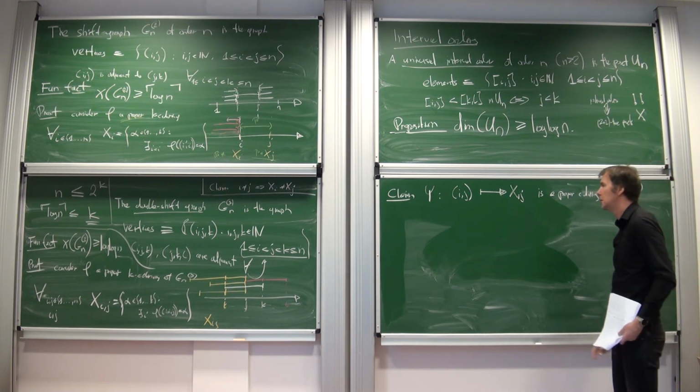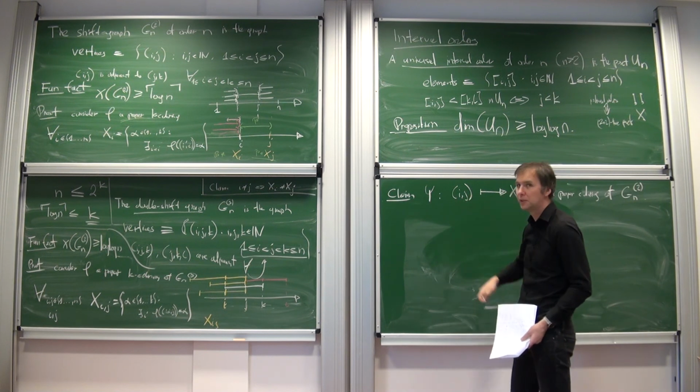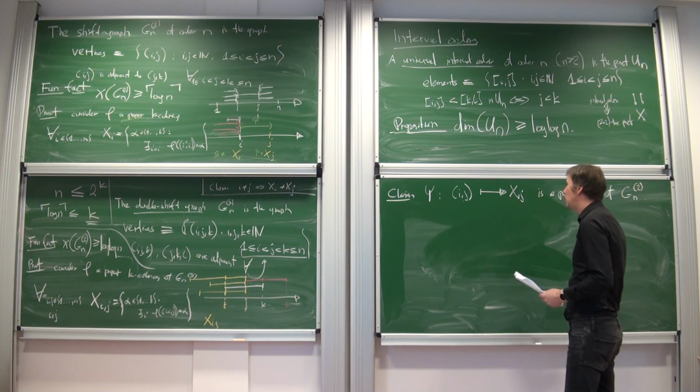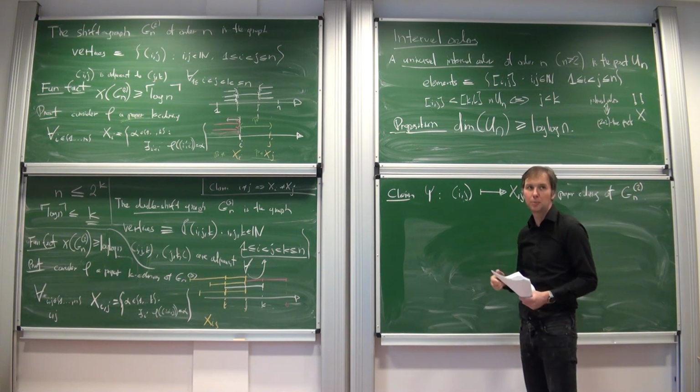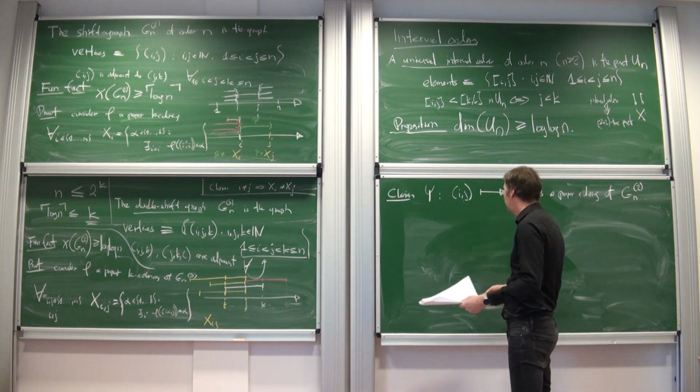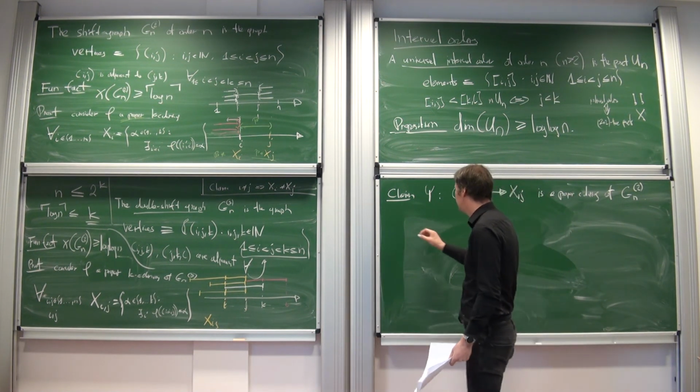So we put something on pairs, and we claim that this is proper in G_n^2. So we went down from G_n^3 to G_n^2.